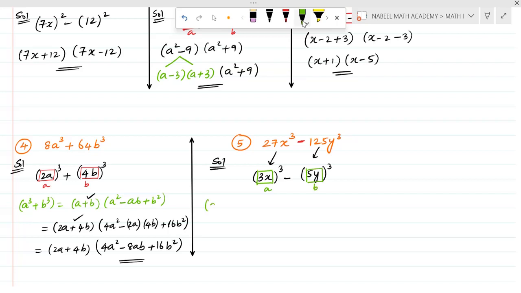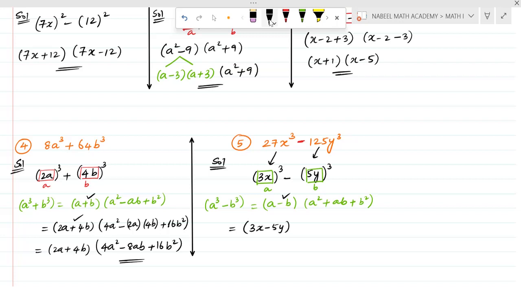So what is the rule here? a cube minus b cube. So a minus b, because the starting will be the same sign, minus. The next will be the opposite sign, a square plus ab plus b square. Now just substitute the values here, a and b. So you will get the first part 3x minus 5y.